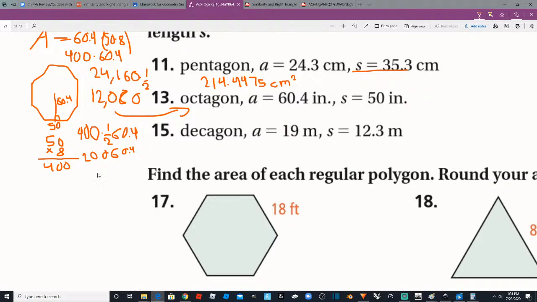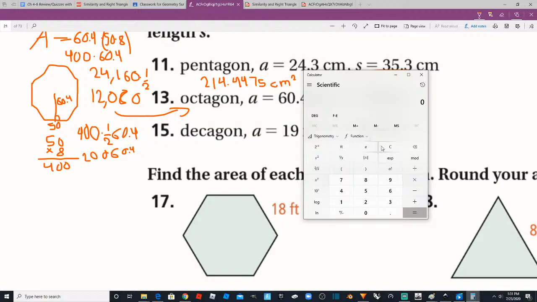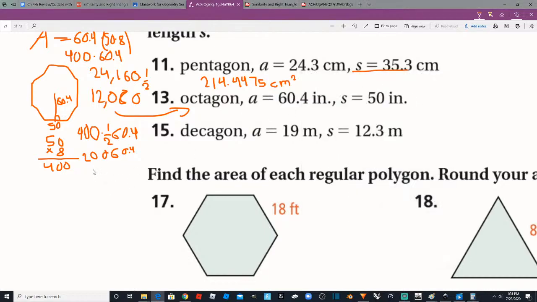And then if you do the math, I'll actually bring up my calculator. 200 times 60.4 is 12,080. We have 12,080 for our octagon.